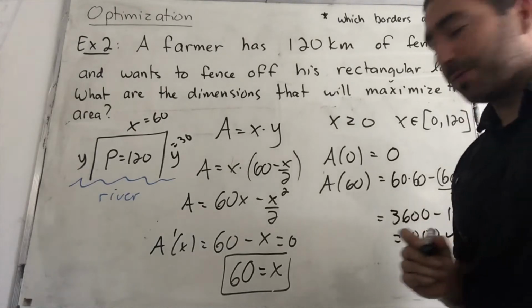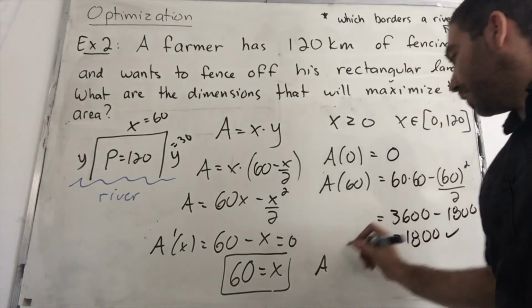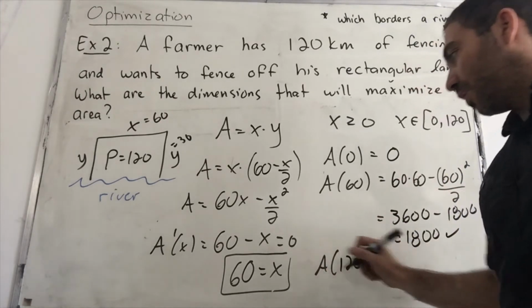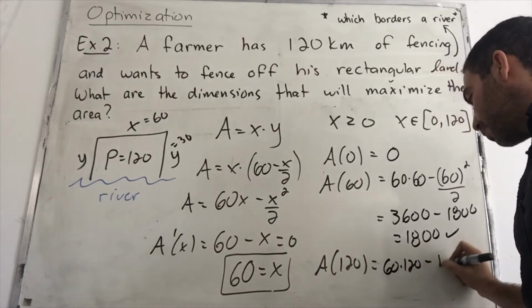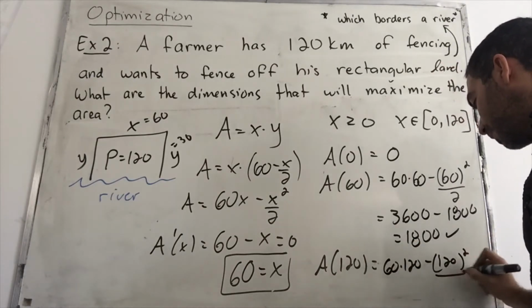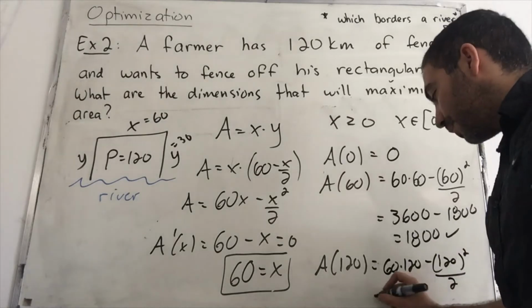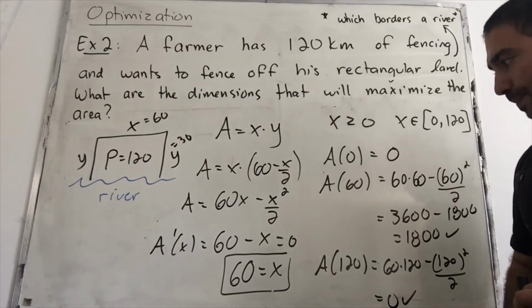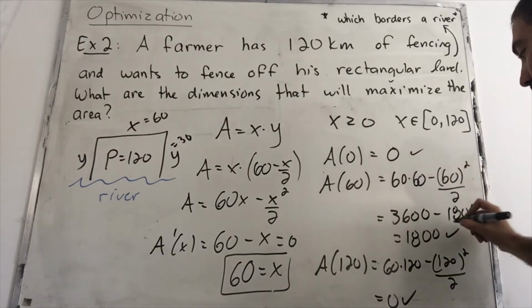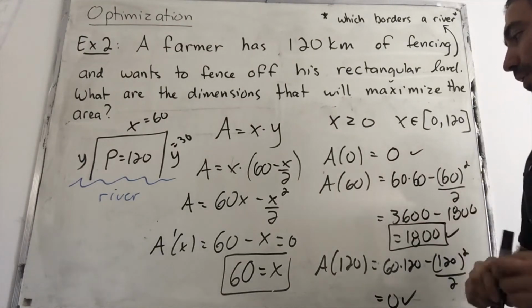Some positive value. And then if we plug in 120, well, here we have 60 times 120, minus 120 squared divided by 2. And this gives us 0. So since this is 0, this is 0, this is the absolute max value at 60.